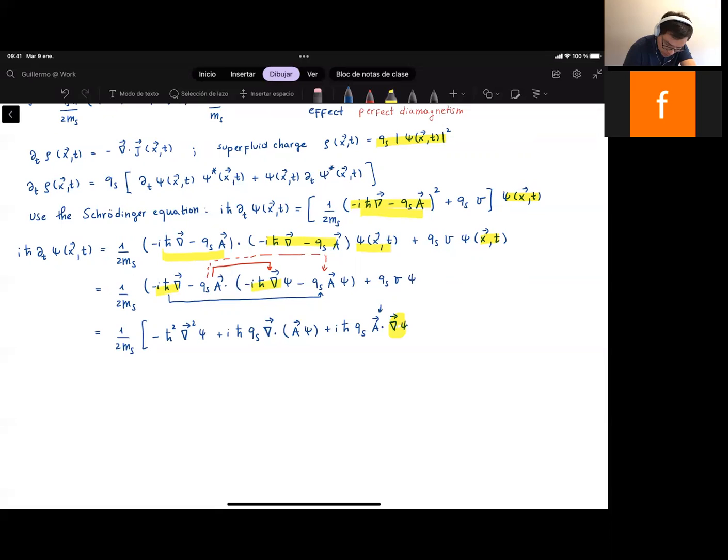Then the last term we have is plus q_s squared, the vector potential squared times psi, plus q_s b psi.